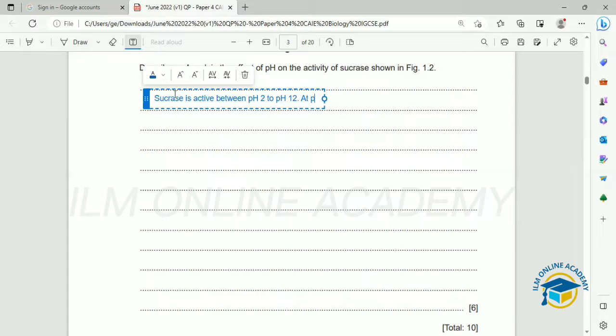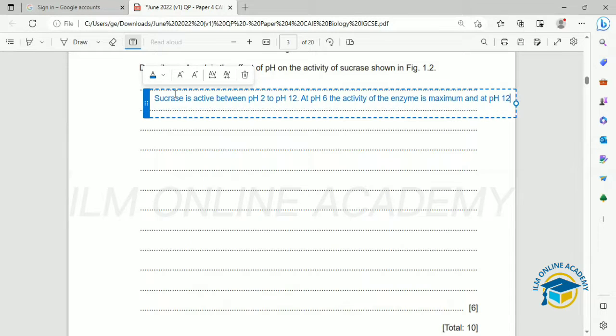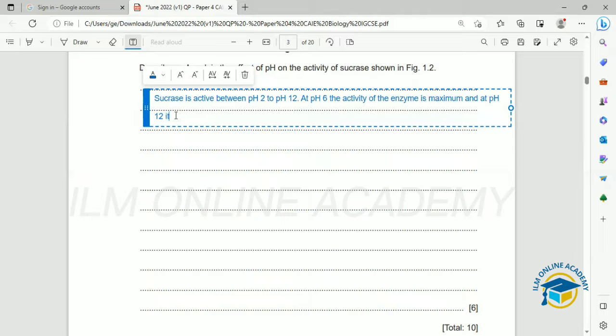At pH 6, the activity of the enzyme is maximum, and at pH 12, its activity is minimum, so it works best at low pH rather than a high pH.